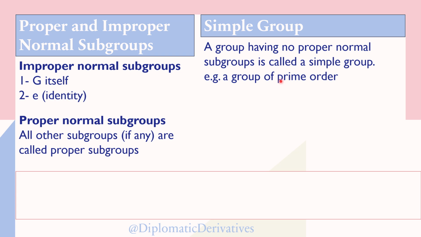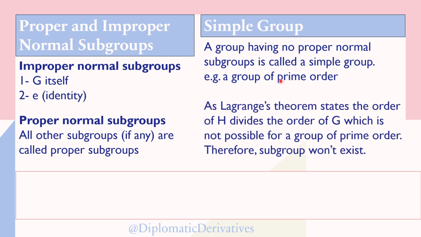It says that for any subgroup, the order of the subgroup divides the order of the group, okay? So for any subset of G to be a subgroup, the order of the subgroup must divide the order of the group, right?